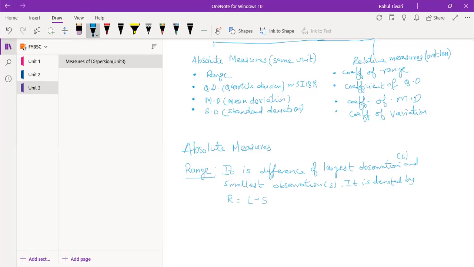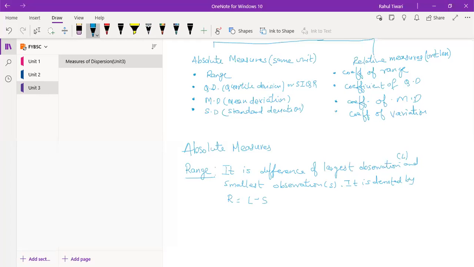You just select the largest number from the data, select the smallest number from the data, subtract, and you get the value of range.